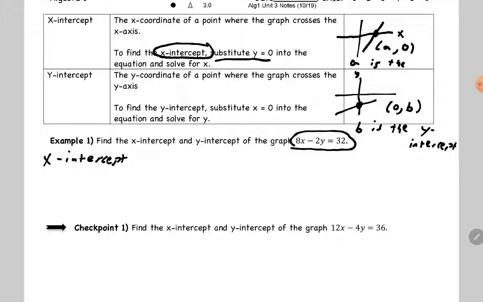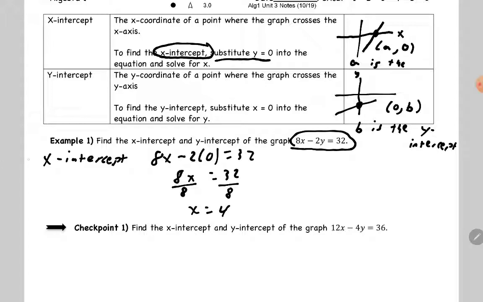So, y equals 0. So I have 8x minus 2 times y, which is 0, equals 32. So I have 8x minus 0 equals 32. Divide by 8 to both sides to get x equals 4.